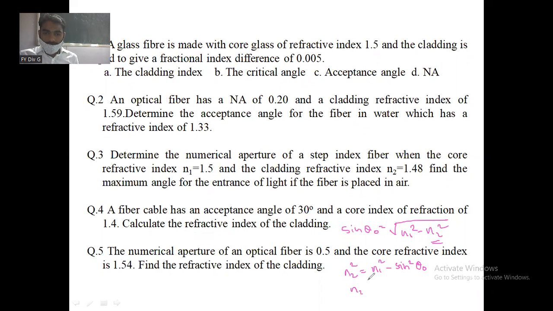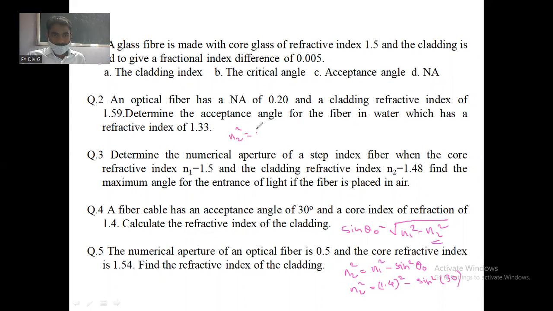So n2 square is equal to n1 square, what is n1? n1 is equal to 1.4 square minus sin square of the angle, what is given? 30. So what is the square of 1.4? 1.96.